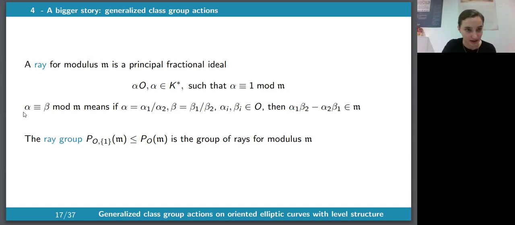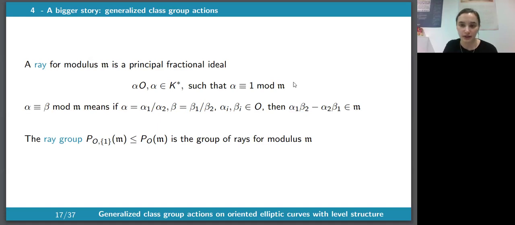It's not super important. So we say that alpha and beta are congruent modulo M if, when we write alpha as alpha 1 over alpha 2 and beta as beta 1 over beta 2, where these alphas and betas are elements of O, then alpha 1 beta 2 minus alpha 2 beta 1 is in the modulus M.